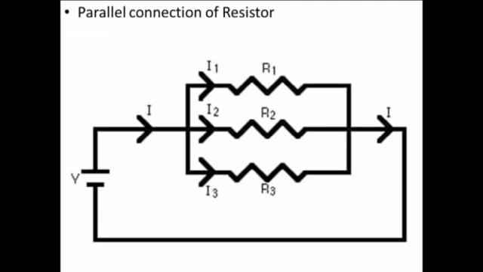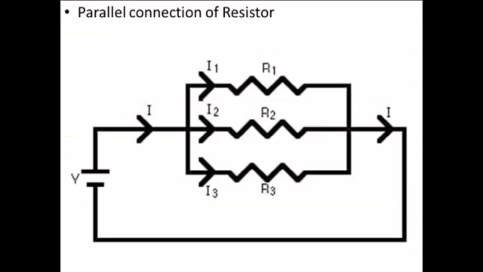You can see this in the textbook. Taking out common V on both sides, 1 upon R is equal to 1 upon R1 plus 1 upon R2 plus 1 upon R3. Here R is called the equivalent resistance of the parallel connection of these three resistors.